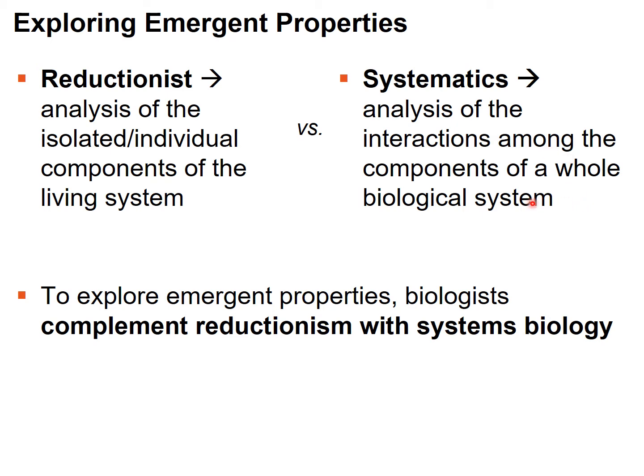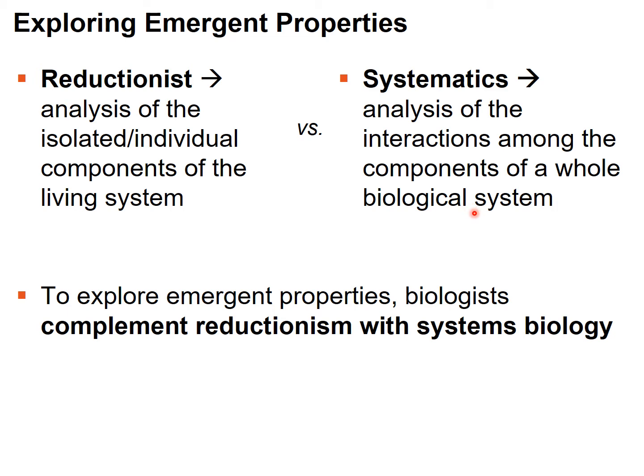Systematics is the analysis of basically the interactions between the components within a biological system. So let's say the reductionist view is going to look at a particular molecule, let's say glucose or starch inside a cell. Well, the systematist is going to look at this starch or glucose's interaction with the other components within the system.